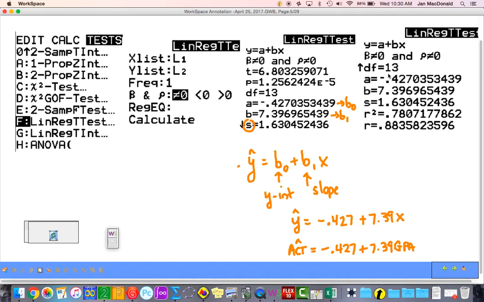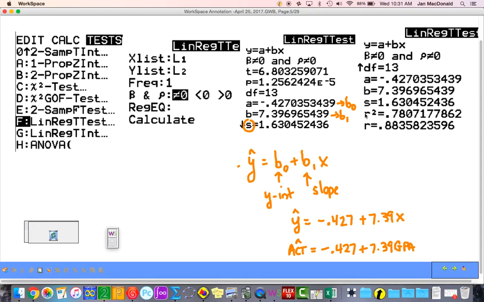And here we have our degrees of freedom, which we always would report with any t-test. Again, this is just our y-intercept and our slope. But here we're given r squared, and just a reminder, r squared is the percent of variability of y accounted for by x. So 78% of variability in ACT score is accounted for by GPA, by your grade point average.